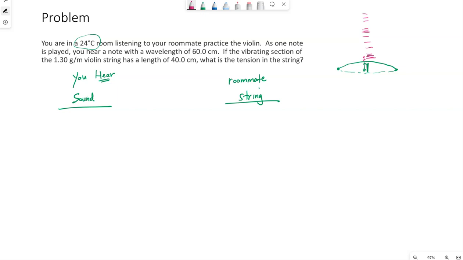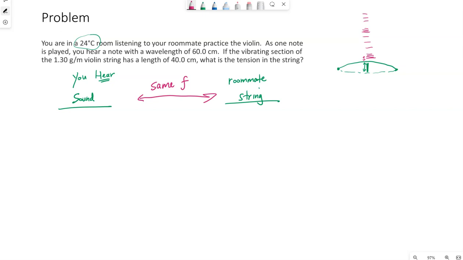So the only thing these are going to have in common, the wave on the string and the sound wave, will have the same frequency. Because however fast the string oscillates back and forth is how fast it causes the air molecules to oscillate, not fast as in speed, the oscillation rate. So however the string is vibrating is the frequency it's oscillating the air molecules at. So that's all they have in common.